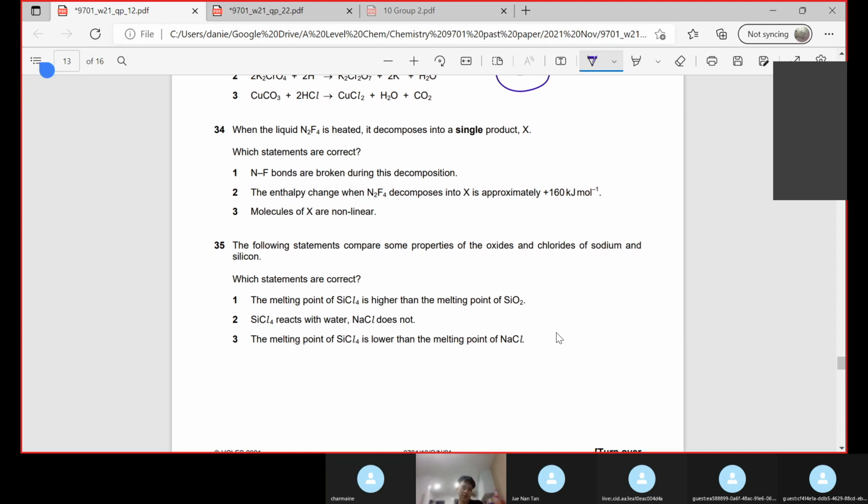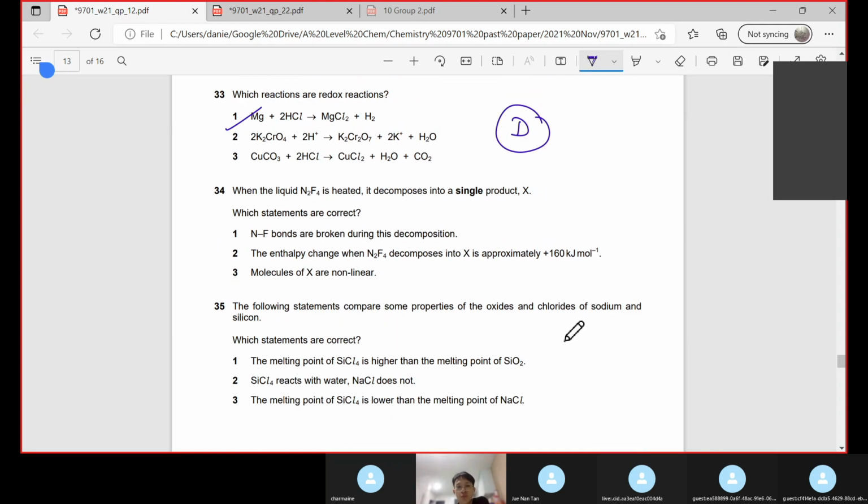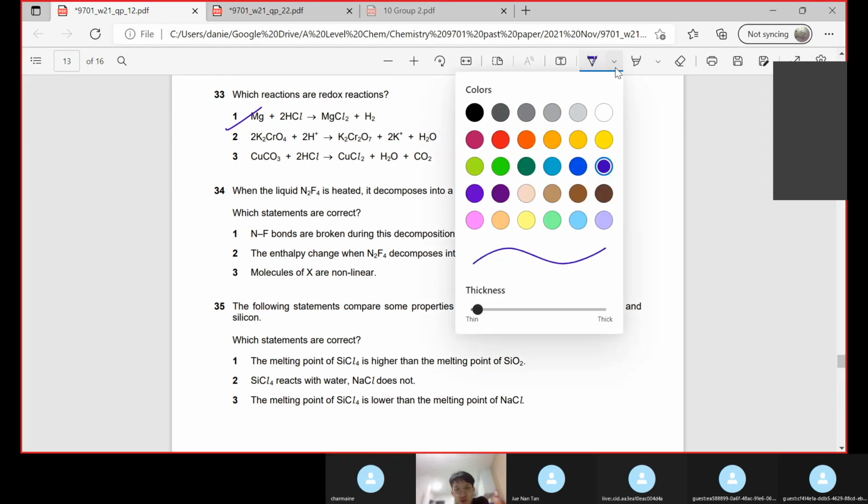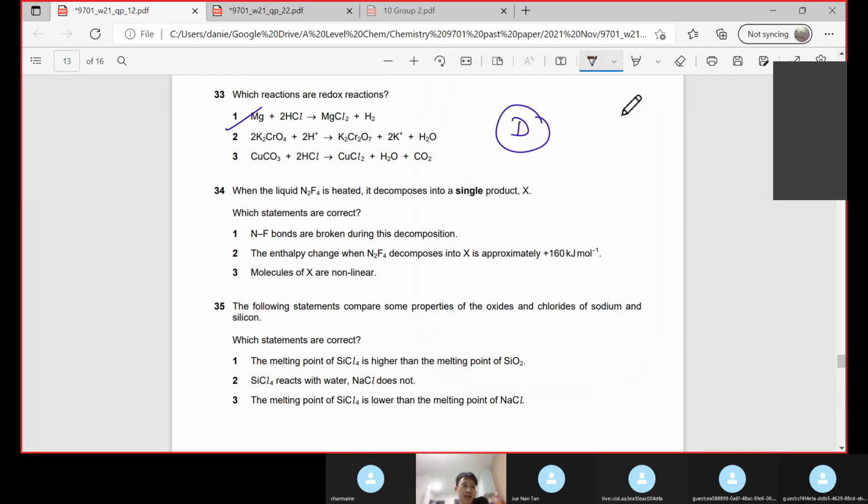Okay, 34. This one you need to know the structure of N2F4 first. N2F4 is very rare in discussions or in any practice. However, it has the same structure as N2H4.